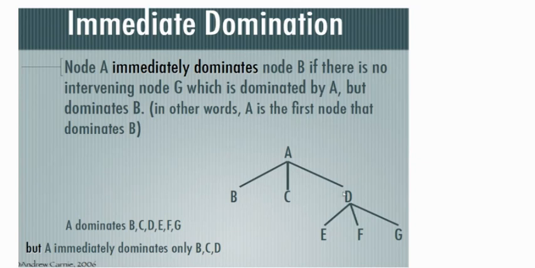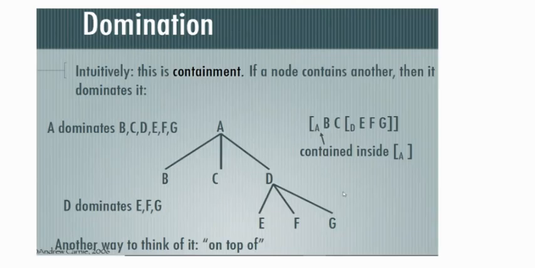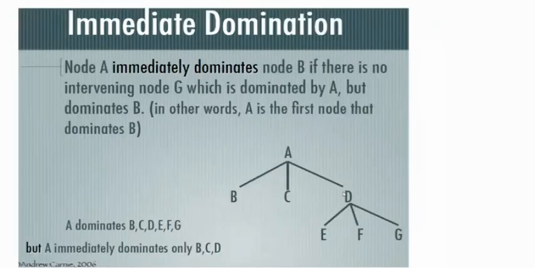Immediate means A, and what comes next under those branches? B, C, D. Immediately dominates B, C, D. But A dominates all of them. Okay? That's what immediate domination means. So we have learned about immediate domination and basic terms. Is that clear so far? And that's important because sometimes when we are going to draw trees, we have to know those terminologies.